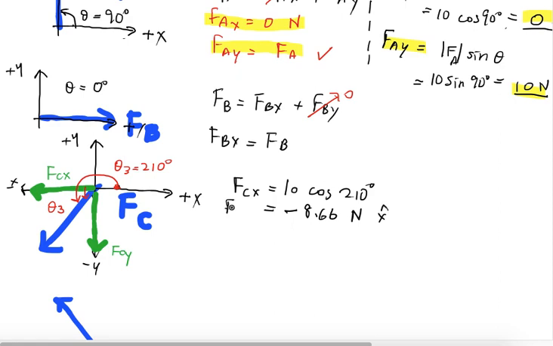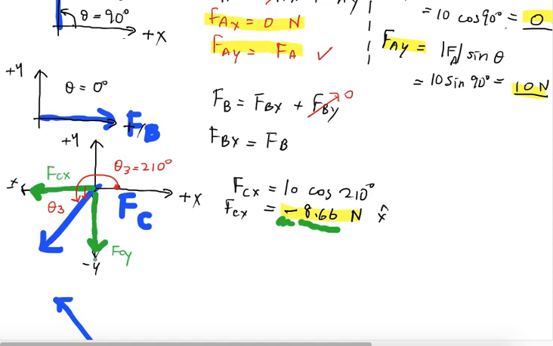Okay. Don't be afraid of this signage, the polarity of this vector, negative. What does it mean? Actually, this tells you that the magnitude is 8.66, but the direction is in the negative direction of x. So this one, the vector of FCX is pointing to the negative of x-axis.